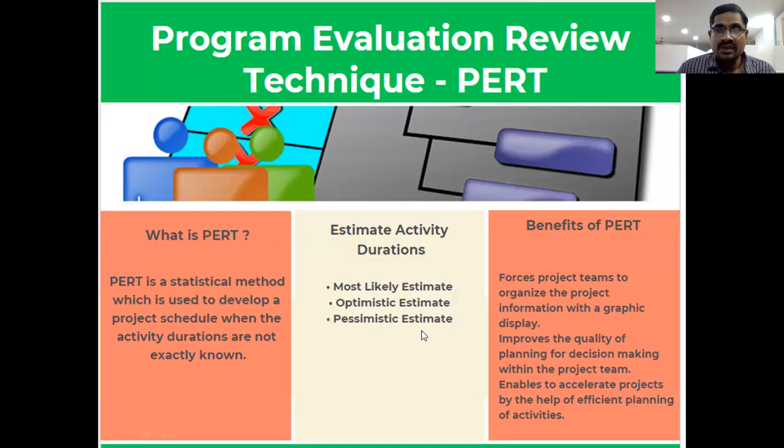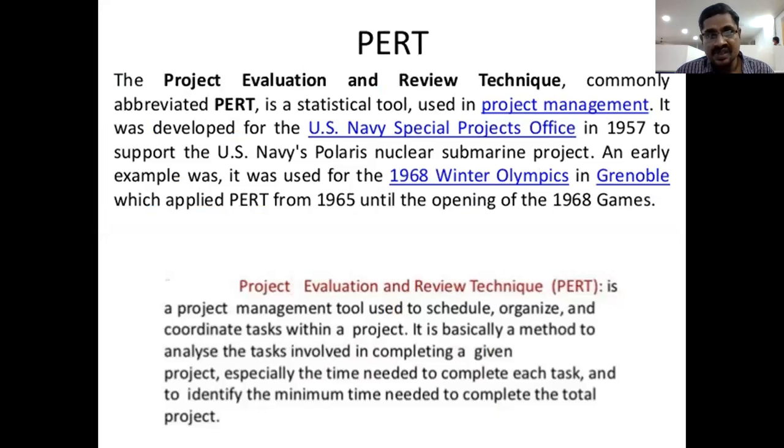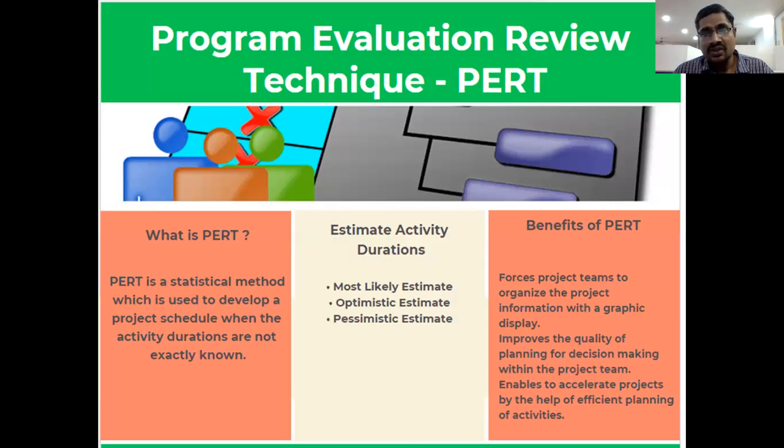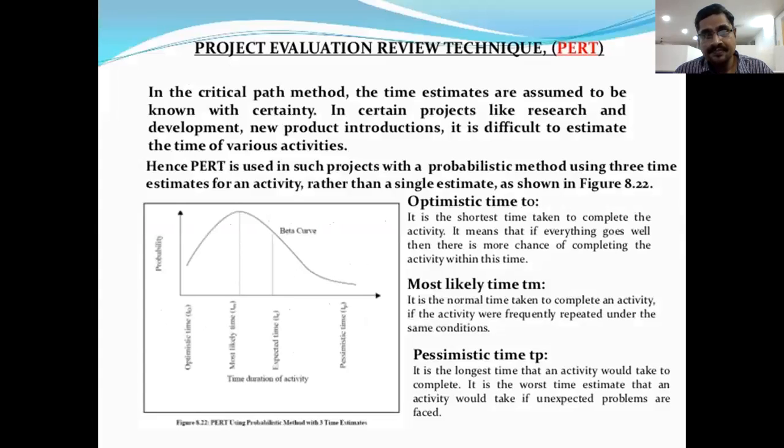With these three timings in that formula, we can find the exact time for each and every activity. Then we find the critical path. That is all about PERT, the project evaluation review technique, also known as the program evaluation review technique, right?